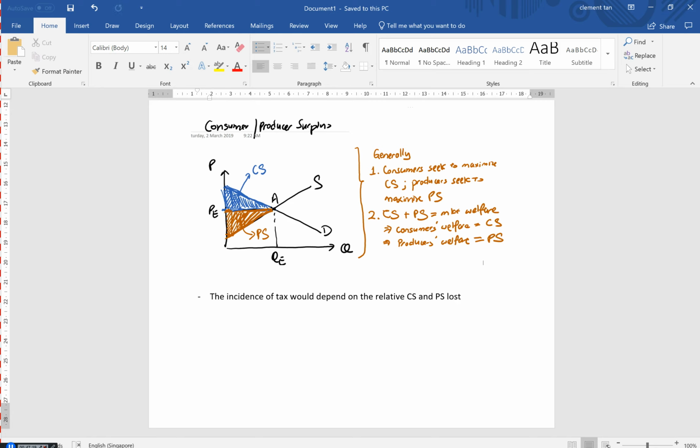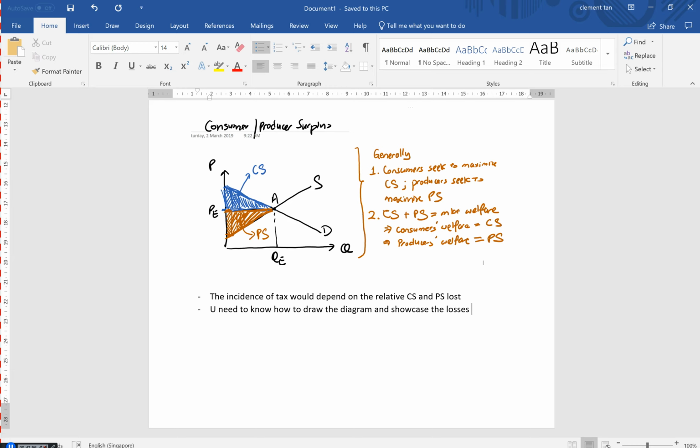So you need to know how to draw the diagram and showcase the losses. Stay with me. This is the part that is a bit confusing. You just stay with me. That will be the main thing.